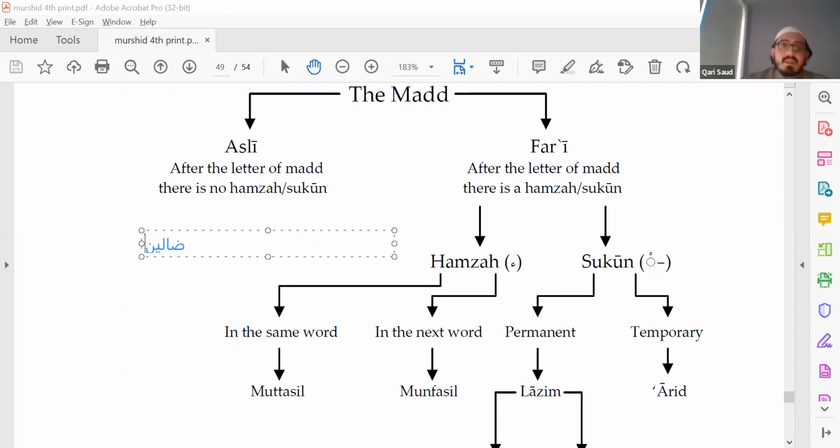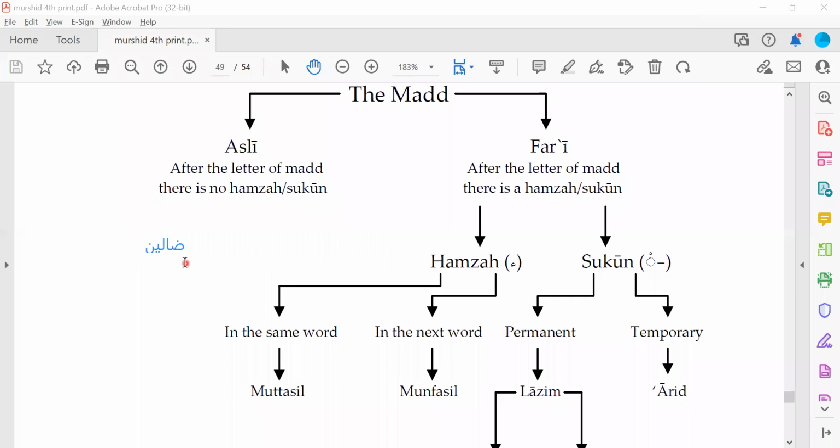Yeah, so Dallin will be like this. So what do we have here? For the brother who was asking, what's your name? Abu Maryam Abdul Qayyum. Okay, so Abu Maryam, look here. There's a mad letter, right? What's the mad letter? Alif. Followed by what?